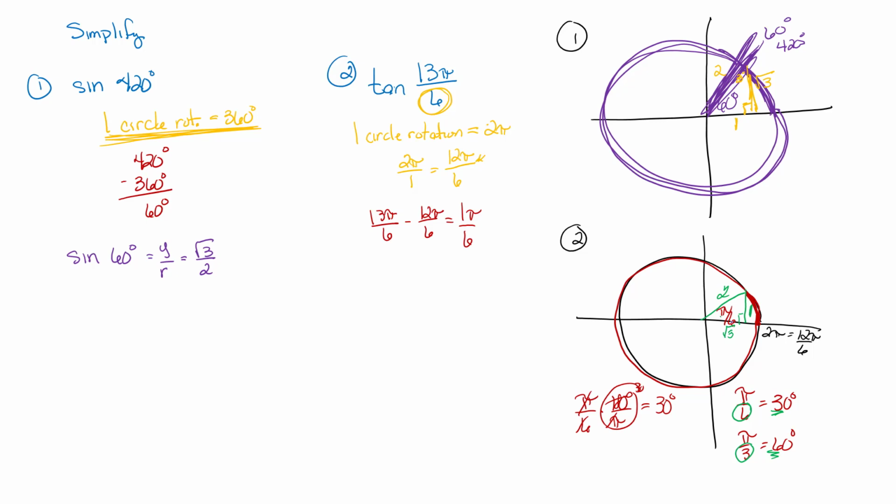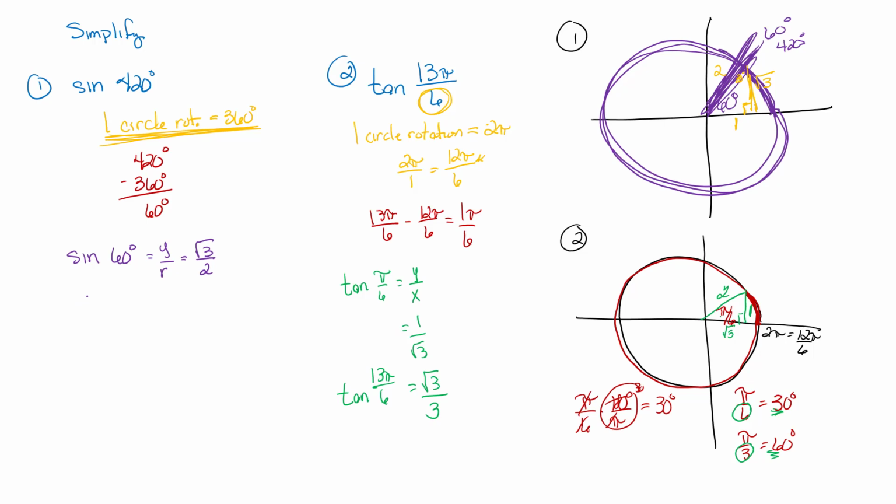And if I am looking for the tangent of, in this case, pi over 6, which is still a 30-degree angle, I am going to take, what again? That's right, y over x. So my y is 1. My x is the square root of 3. I need to rationalize, which means the tangent of pi over 6 would be square root of 3 over 3, which means that's actually the tangent of 13 pi over 6.